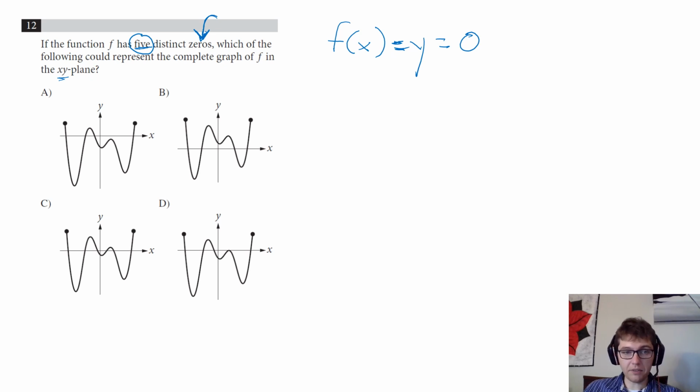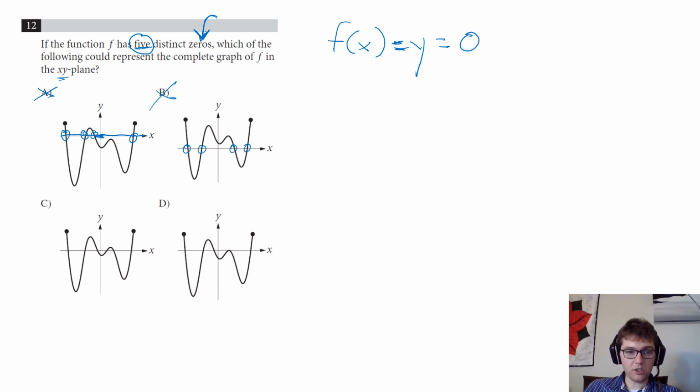Where on these graphs does y equal 0? Y equals 0 when the graph crosses the x-axis, right? That's when y is equal to 0. So count on each of these graphs where it happens. On A, it happens 1, 2, 3, 4 times. That is not 5. A is incorrect. On B, it happens 1, 2, 3, 4 times.